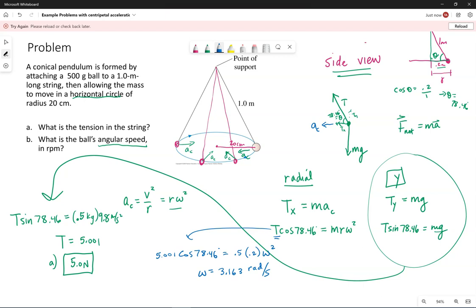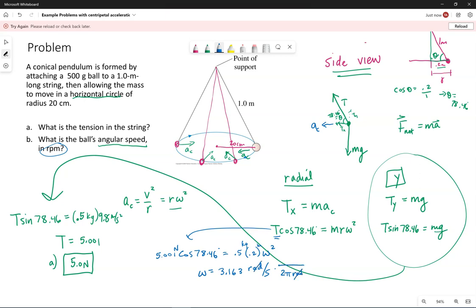If we looked at all of our units as we walked through, we would come up with 1 over seconds. The radians are implied. The problem, though, is asking for this angular speed in revolutions per minute. That's what RPM stands for. So we need to do some unit conversion.